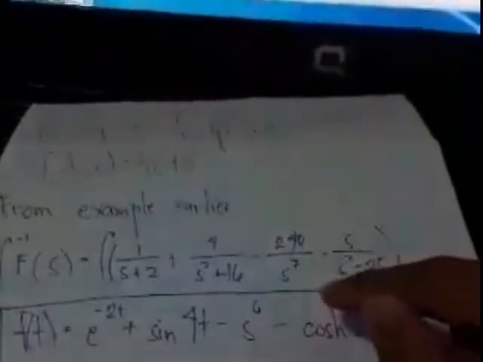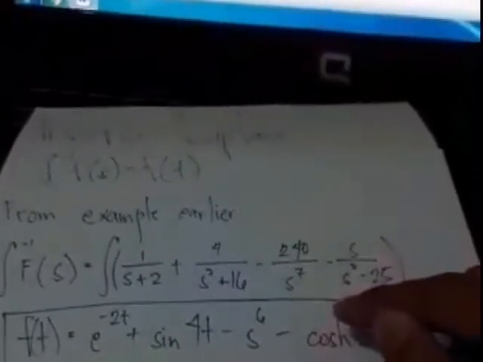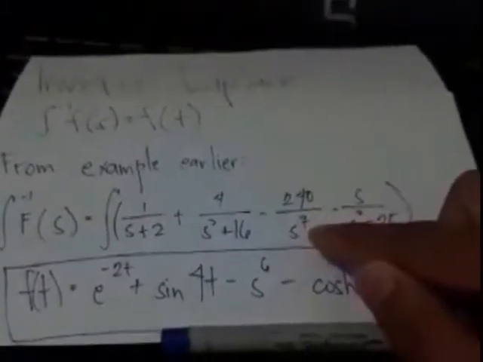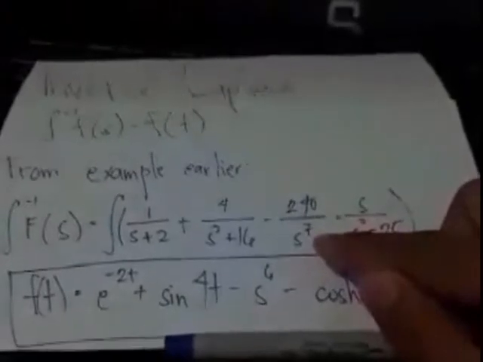Then the next one is 720 over s raised to 7. Again, just look at the table and observe. Here, we notice that it has a power higher than 2, and it only has s in the denominator, and in the numerator, it looks like we got a factorial of 6.